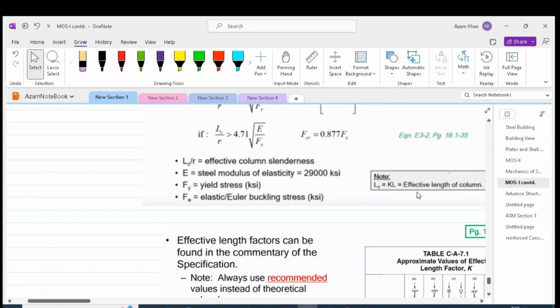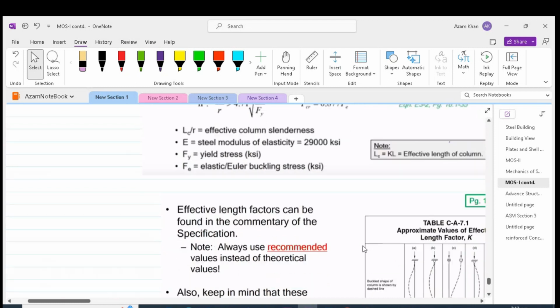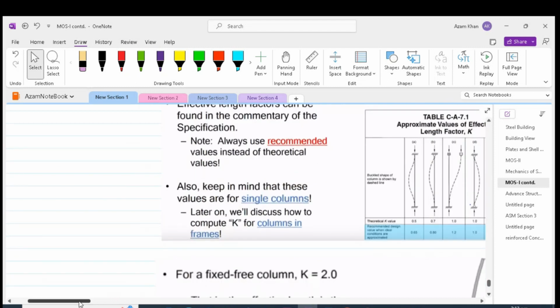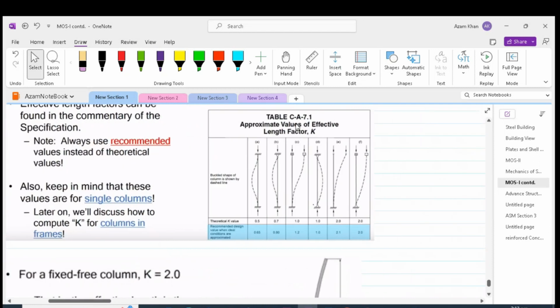Le is the effective length, as we discussed. The code also gives approximate values of the effective length factor K, where we have a theoretical value of K, as we discussed, for different support conditions. If both ends are fixed, K is 0.5. If one end is fixed and one pinned, it's 0.7, and so on. Then the code gives a recommended value which is bigger than the theoretical value.